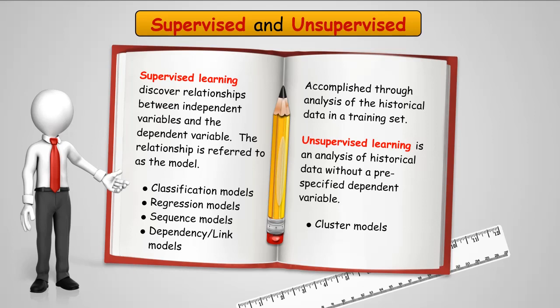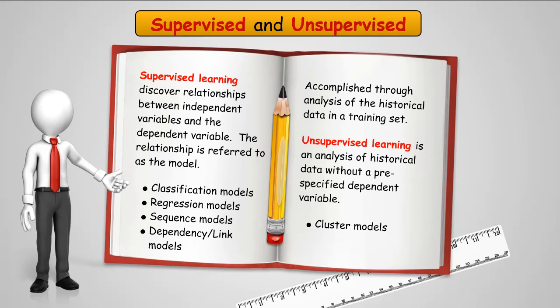There are two types of learning that we're going to cover: supervised learning and unsupervised. In a supervised model, we're trying to discover the relationship between the independent variables and the dependent or predictor variable. The relationship is referred to as a model, a predictive model, and so on. Examples of this would be classification models, regression models, sequence models, or dependency link models.